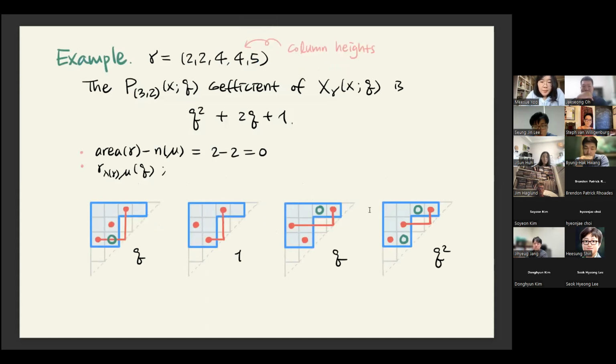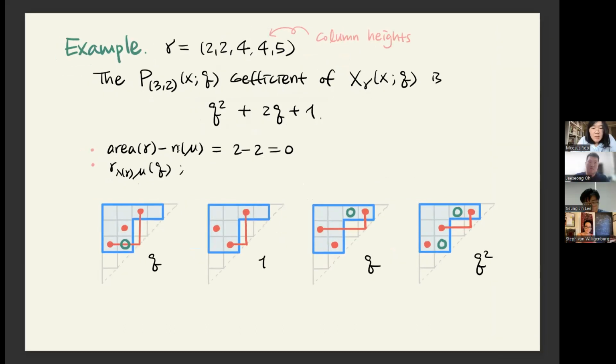Here's an example. So we have gamma equals 2, 2, 4, 4, 5, and we want to compute the coefficient of P32, which means we consider the root placement of length 2 and 1 singleton. And we had some Q power multiplied in front, but in this case, the Q power is just 0.